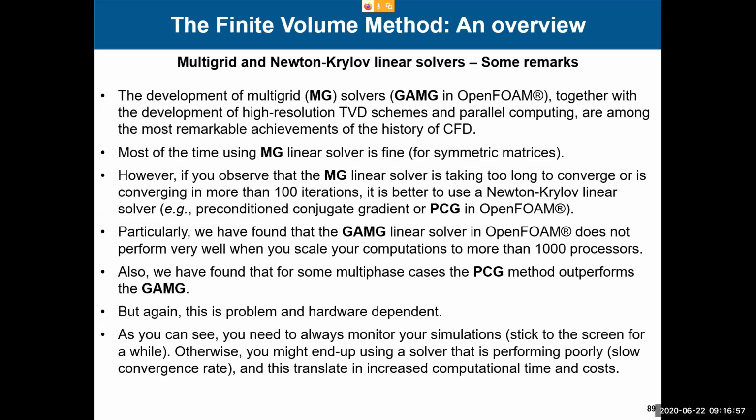These are things that you may discover by playing a little bit with different model cases. But just to mention that in theory, multigrid should be the fastest one, but depending on the physics, sometimes the convergence can be slower, okay? You will arrive at the same solution, it is the convergence speed that differs.